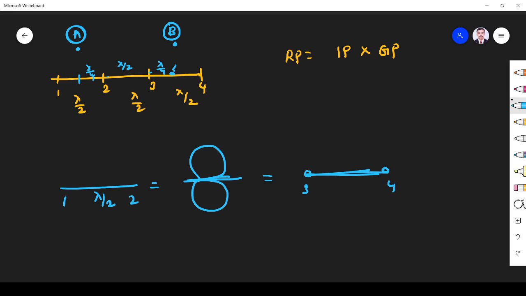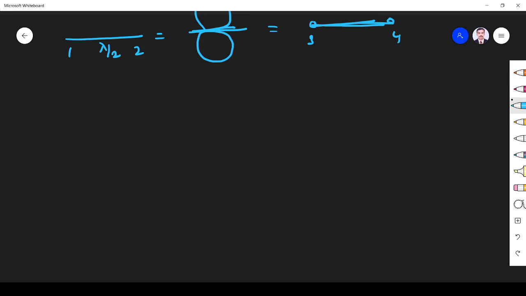So what is the distance between A and B now? The distance between A and B now is lambda, because this is the location of A, this is the location of B. So this is lambda by 4, lambda by 2, lambda by 4. Totally lambda distance, right? So two antennas separated by the distance of lambda, the radiation pattern will be like this.